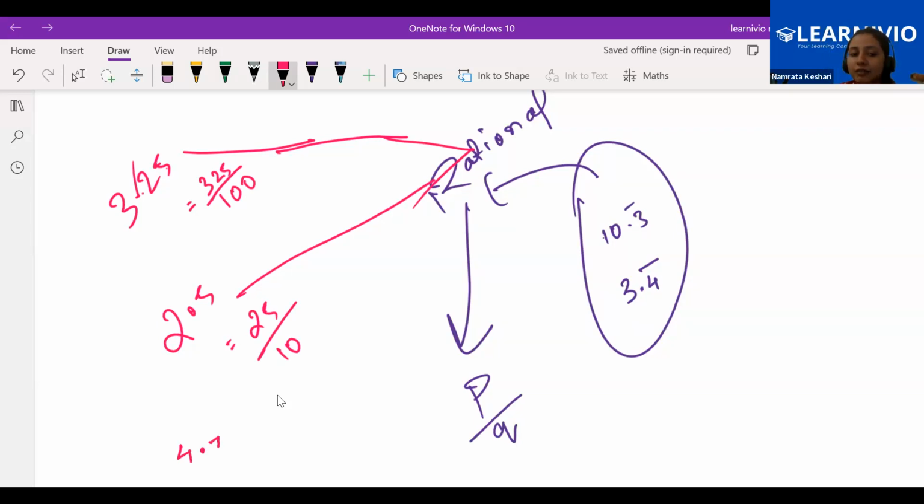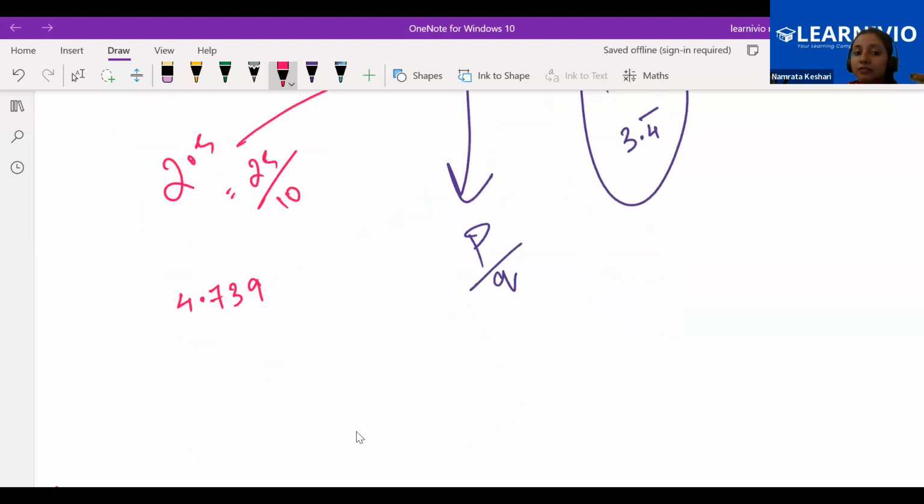If we have 4.739, can you tell me, Ayan and Sarah, what will be there if we try writing it in p by q form? Because it's a rational number. Let's write it in p by q form. What will be there? 4739 by 100. 100 or what?